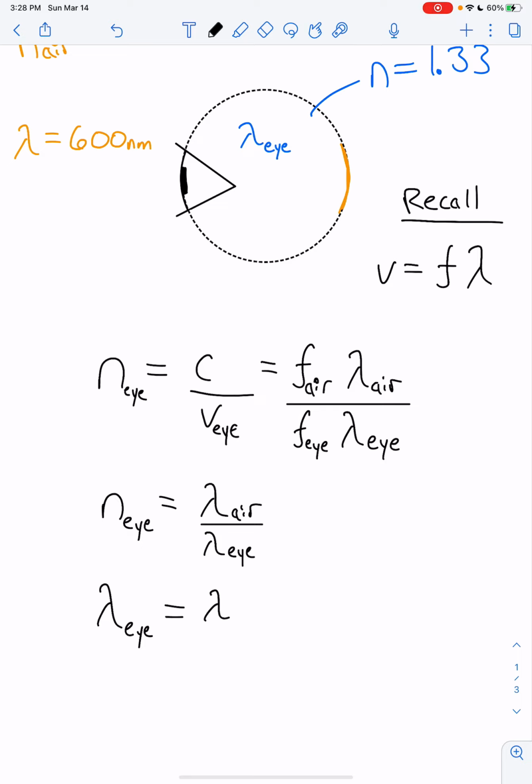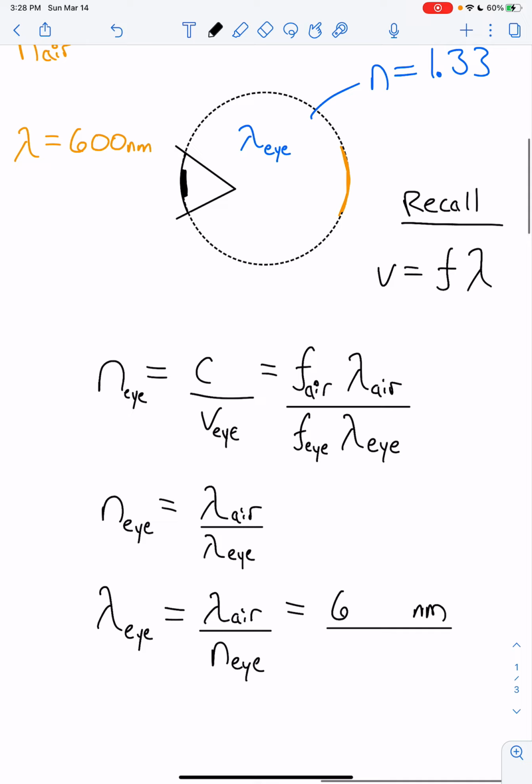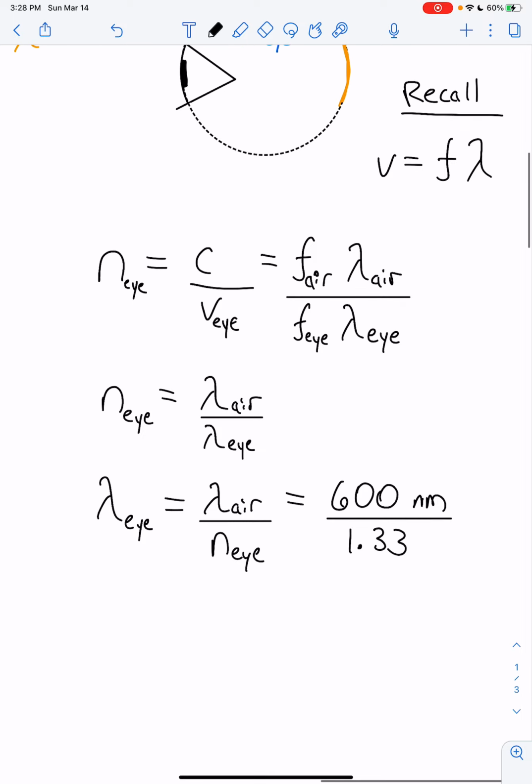That's going to be the wavelength of that light in air divided by our index of refraction in the eye. So we were at 600 nanometers, and our n value is 1.33. And so our new wavelength value for this light in that context is going to be 450.